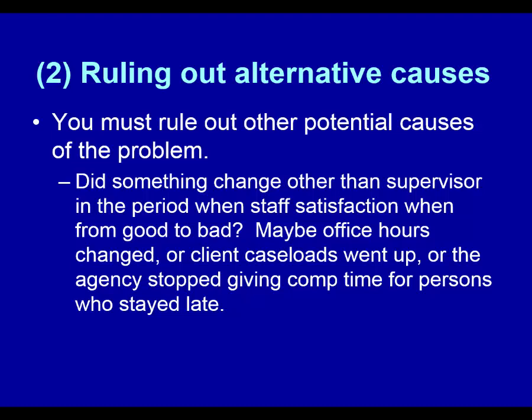Maybe office hours changed, or client caseloads went up, or the agency stopped giving comp time for persons who stayed late. These are other kinds of things. So these are different kinds of alternative causes, and you would look at each one to see which one made the most sense in regard to the information that you have.